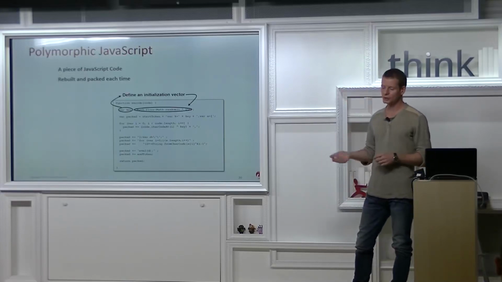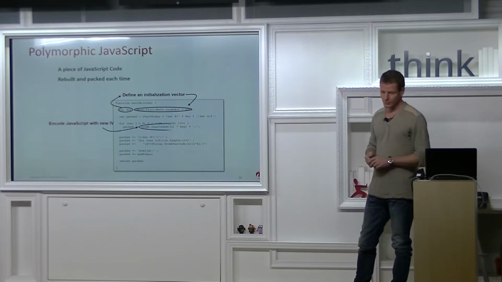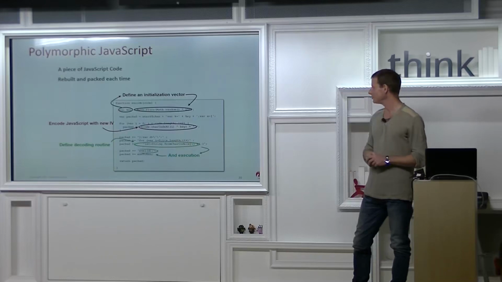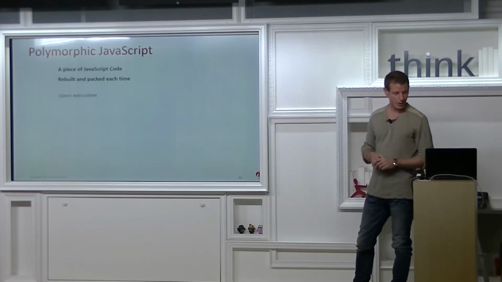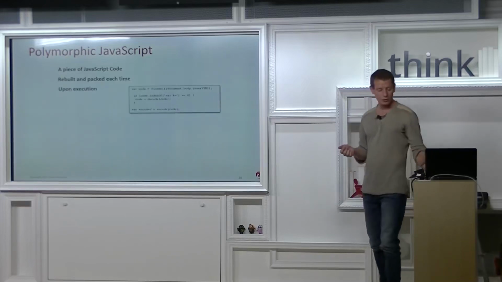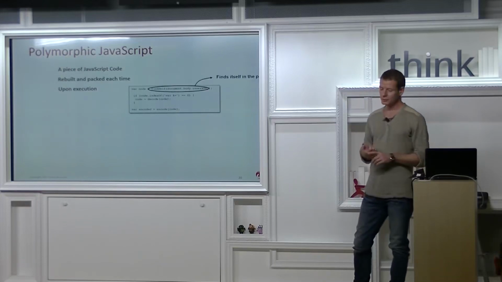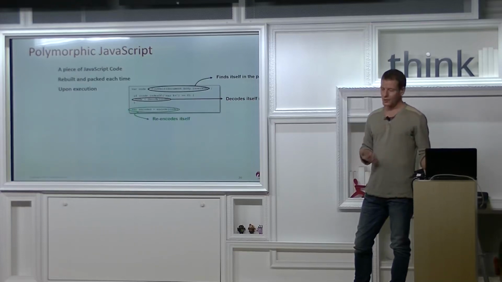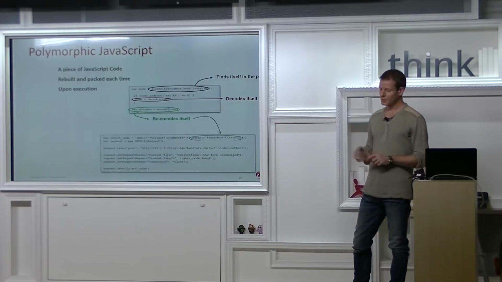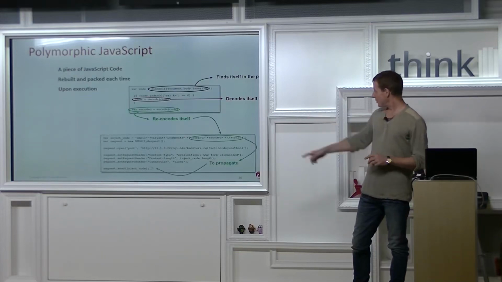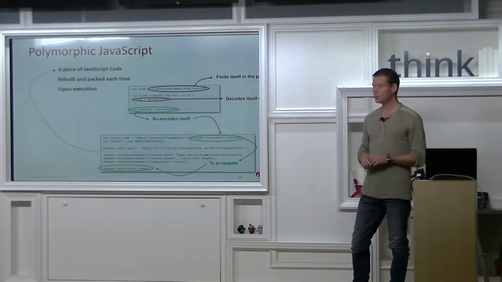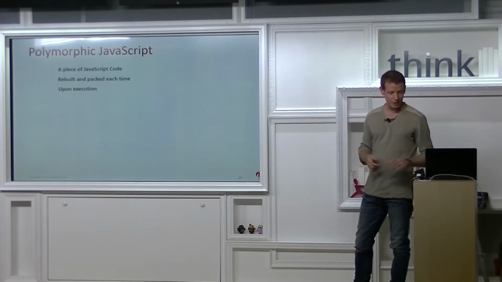With this IV, you're going to encode. Then you just have to define the decoding routine and execution. Now, an execution is going to decode itself, find itself first in the page, decode itself, re-encode. And then once it's re-encoded, it's going there, and you see that we're executing, propagating, and we're back to the beginning. And this is what it looks like.